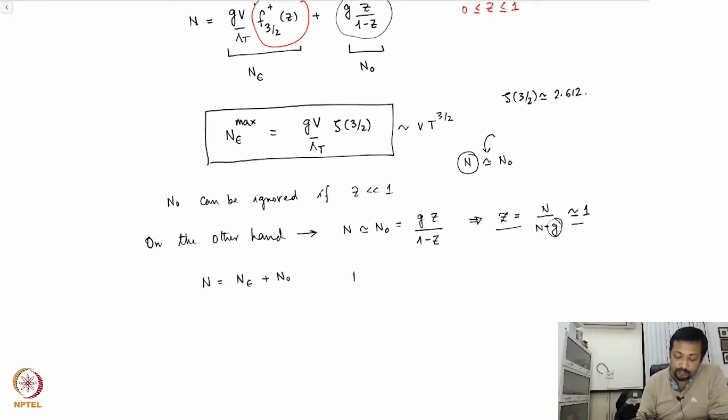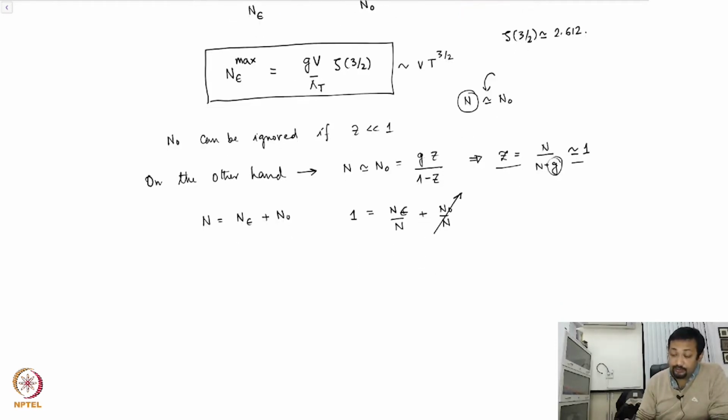We rewrite this equation as 1 is equal to N epsilon over N plus N0 over N. Clearly, if N0 is not sufficiently large, so that you have not hit the Z to 1 limit, then in the thermodynamic limit you can ignore this term and most of the particles are accommodated in the excited states.